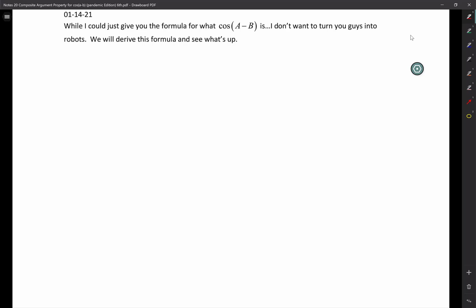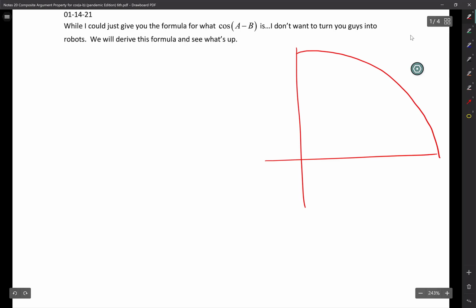So draw the first quadrant and exaggerate the unit circle. Just the first quadrant. So do that real quick.